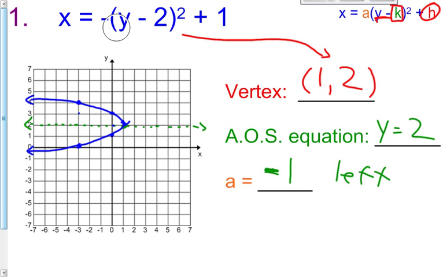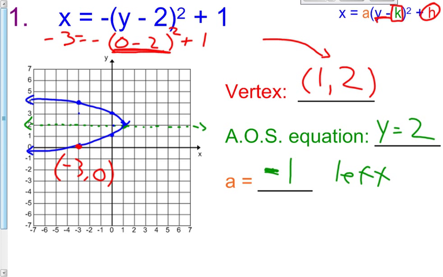So let's prove that by picking one. It might be easiest to pick this one because one of them is a 0. This point is at negative 3, 0. So when x is a negative 3, y is 0, it should make this statement true. Let's see if it does. What is a negative 2 squared?